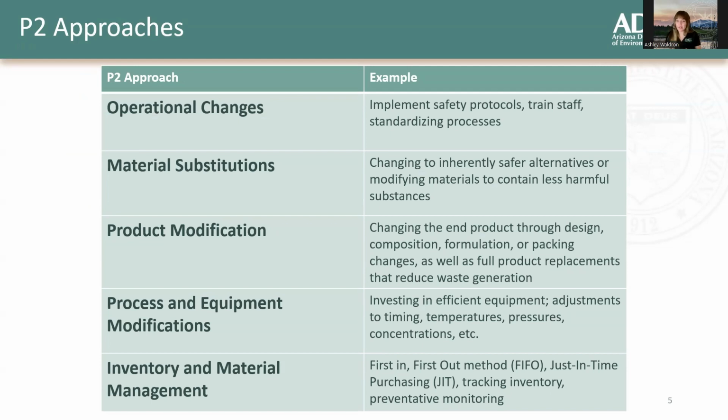Maybe you've modified your end product to reduce waste generation. Maybe you've invested in efficient equipment, even retrofitting to boost efficiency. And then inventory control measures, like are you tracking your products? Are you implementing first in, first out, or JIT purchasing? These are all P2 approaches.